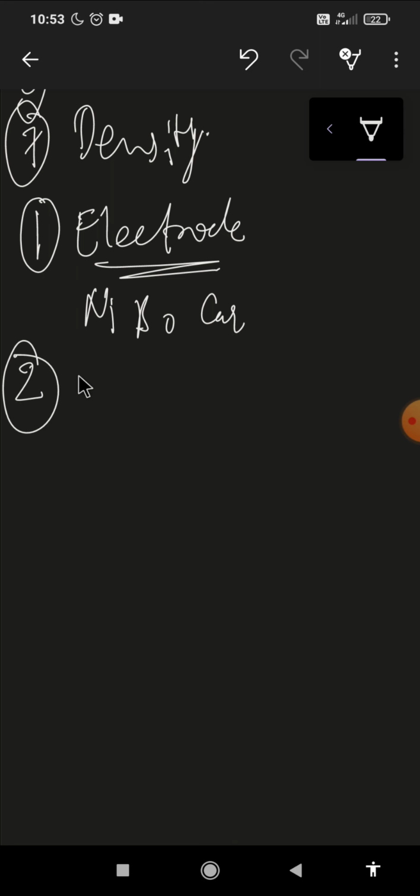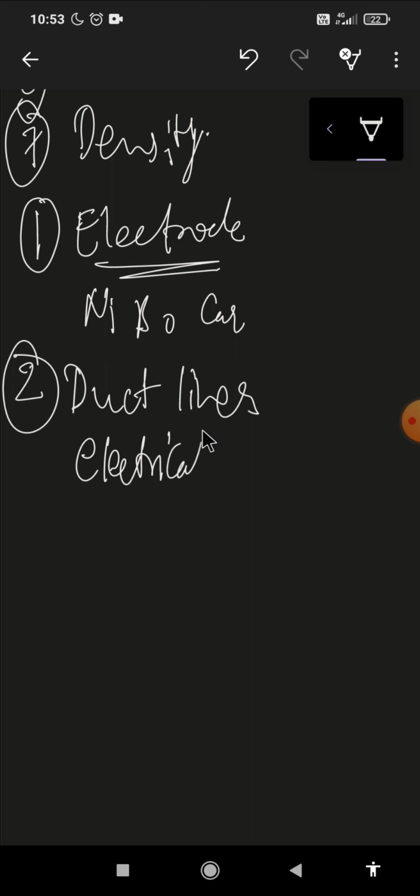Second, for the duct liner, which material can we select? The duct liner is cooler than the electrodes, so the materials must be both electrical and thermal insulators. Here electrodes should be conductive, but the duct liner should be resistant to conduction, meaning it should be an insulator, electrical and thermal.